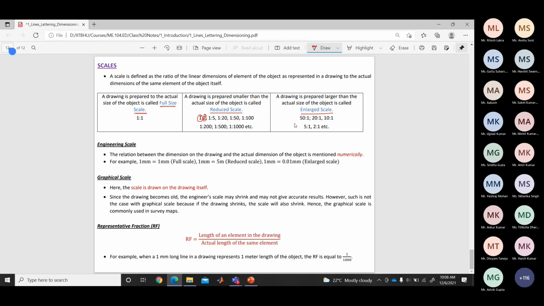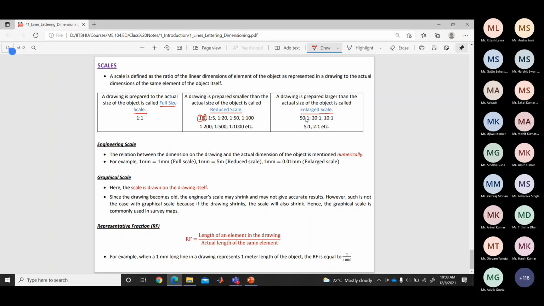So 50 mm on the drawing sheet is equal to, let's say, 1 mm or say 1 micron. Or say 10 centimeter on the sheet is equivalent to 1 millimeter or 1 micron. Alright. So this is the enlarged scale.